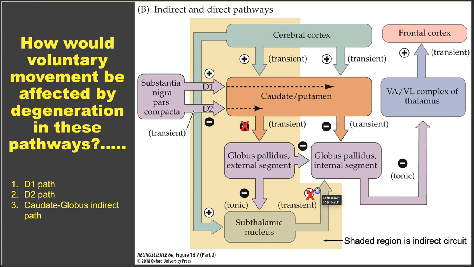In both of those cases, that is going to increase the inhibition of the internal segment. That will decrease the inhibition of the VA/VL complex, and we're going to see increased activity in the frontal cortex related to voluntary movements. All right, so you can see that inhibition of any of these initial steps in this basal ganglia pathway, direct or indirect, we're going to see very pronounced effects on voluntary movements through the frontal cortex.